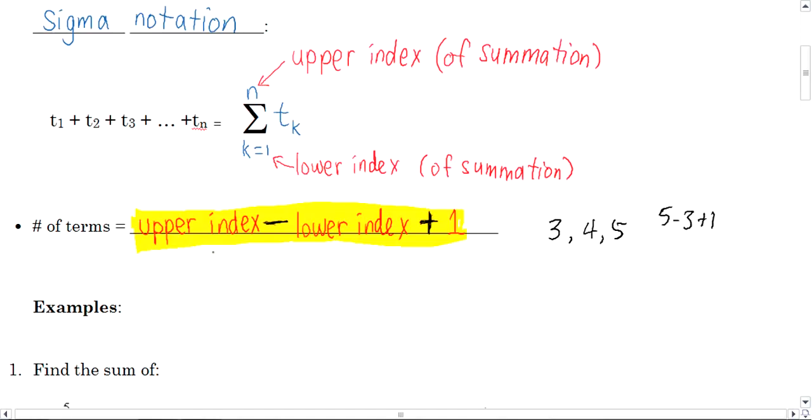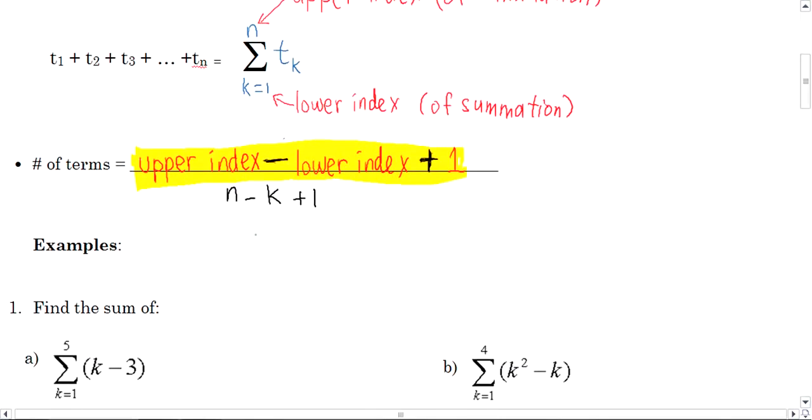If I were to use the general form for this number of terms, it's upper index, which is n, minus lower index, which is k, and then add 1. N minus k plus 1. Now, I do want to provide you with one caveat, a warning.